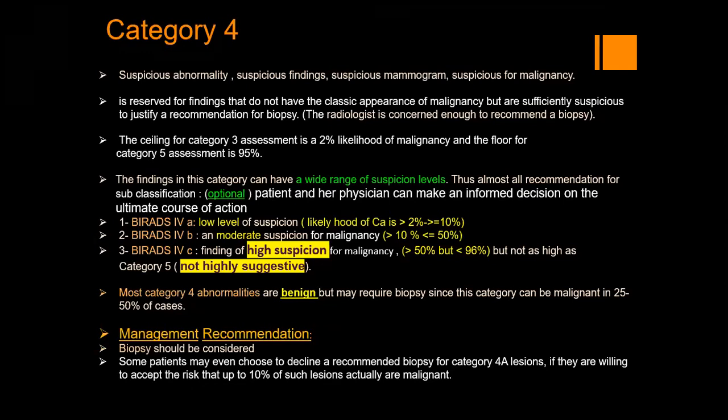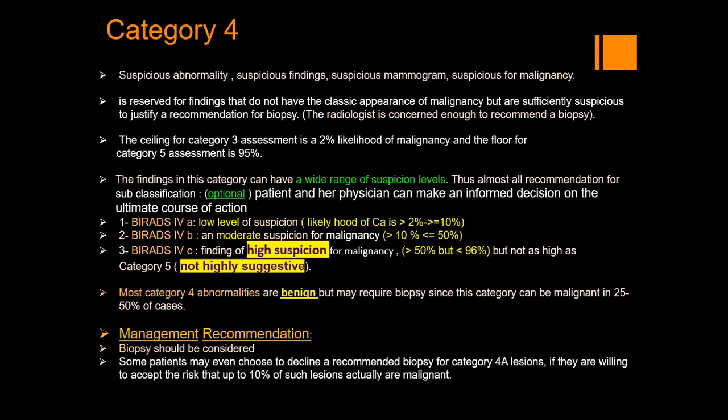So category 4 is suspicious abnormality, suspicious findings, suspicious mammogram, suspicious for malignancy. Whatever terminology you want to choose, you can choose it. It is reserved for findings that do not have the classic appearance of malignancy but are sufficiently suspicious to justify a recommendation for biopsy.